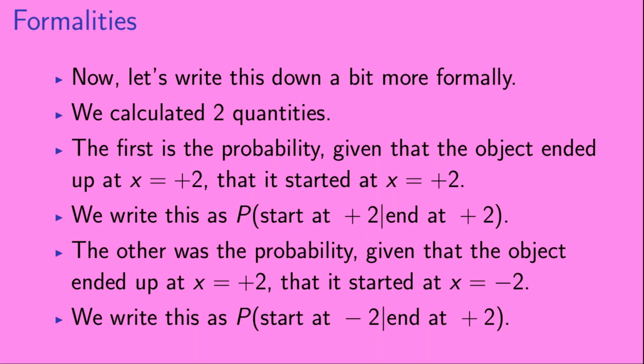The other thing that we calculated was the probability, given that the object ended up at x equals plus 2, that it started at x equals minus 2. So we'll write this as P of start at minus 2, given that it ended at plus 2.